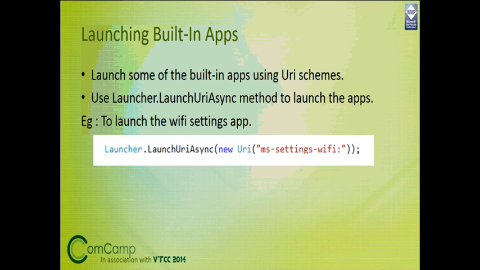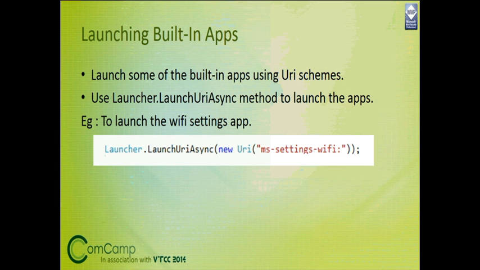The last part of app-to-app communication is how to launch the built-in apps. In the previous versions of Windows Phone, that's Windows Phone 7, 7.5, and even now with Windows Phone 8, we have various launchers and choosers. These are the ways developers can launch the built-in apps.